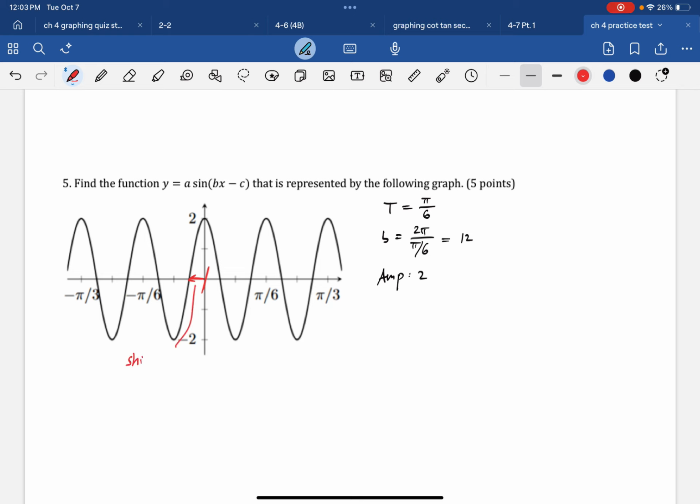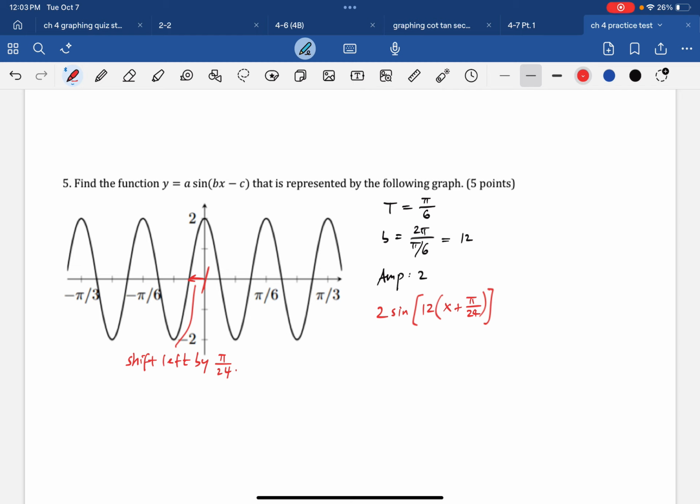So a shift left by, it seems like 1/4 of pi over 6, which is pi over 24. And so that tells me that my equation is going to look like this. -2 times sine of b, parentheses x plus pi over 24.